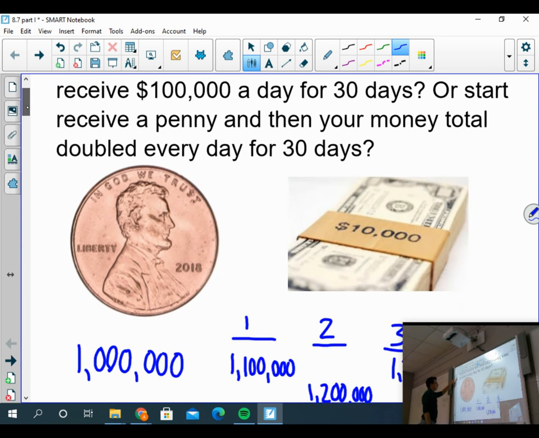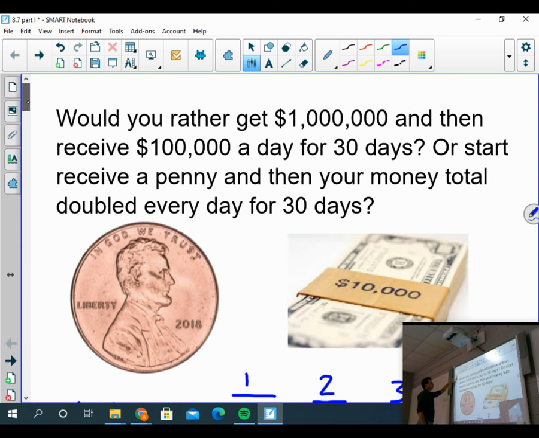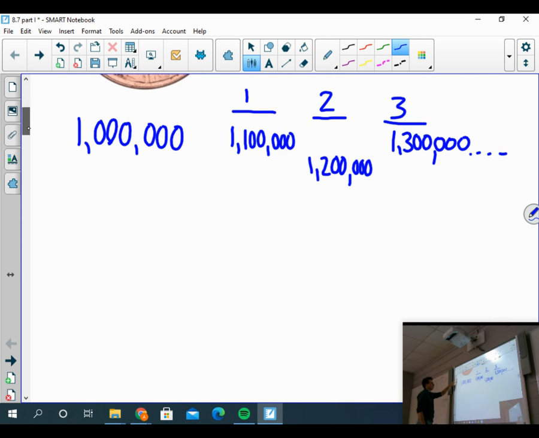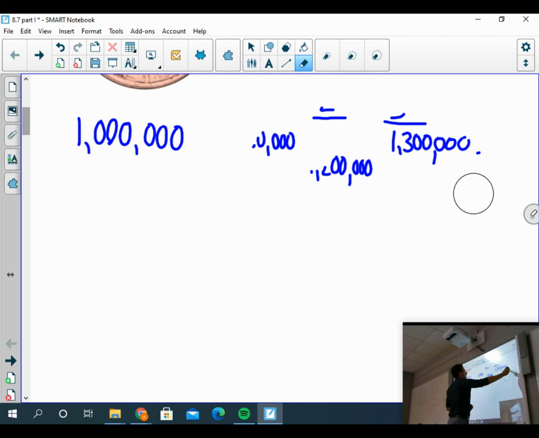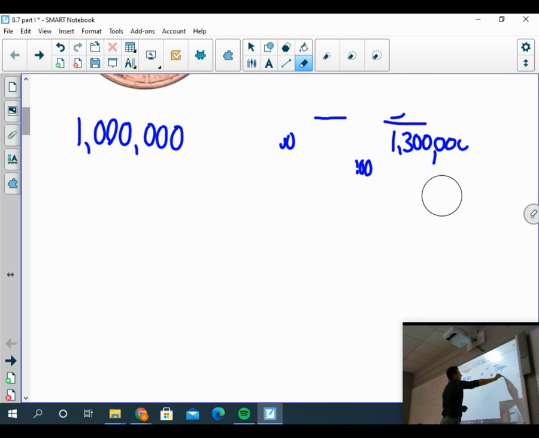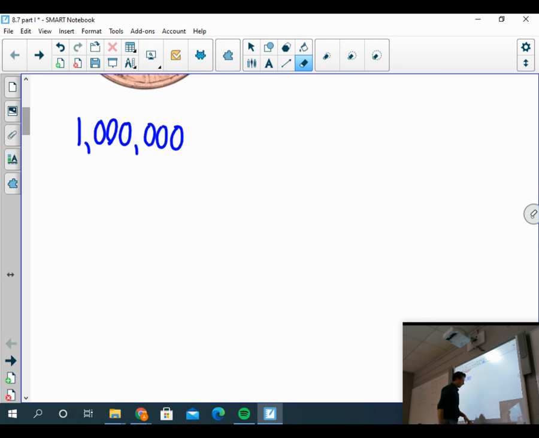Again, this comes from the idea you get $1 million and then you get 100,000 a day for 30 days. Really, you can break this into two parts. You have your initial amount and then you simply get 100,000 a day for 30 days. Instead of adding 100,000 30 times in a calculator, we all understand that repeated addition is the same thing as multiplication.